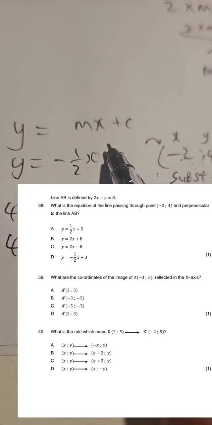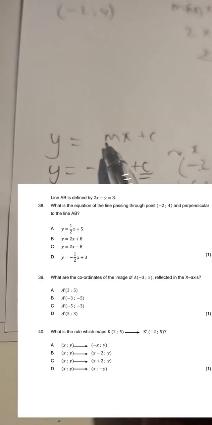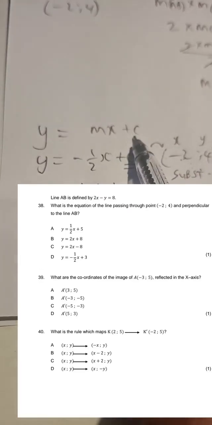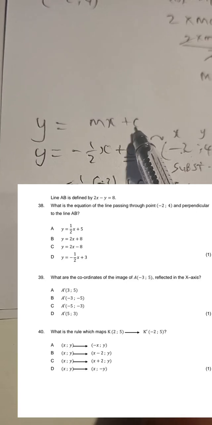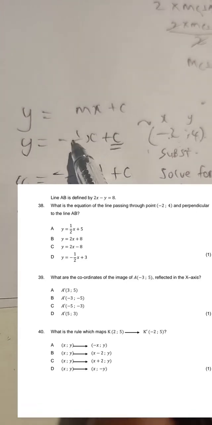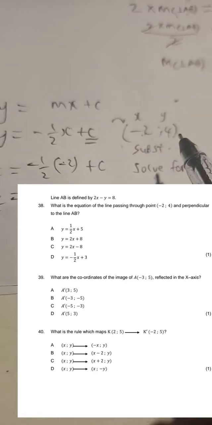Now I can find the equation of that line. I say y = mx + c, which is the standard form. Substituting m = -1/2, y = -1/2 x + c.